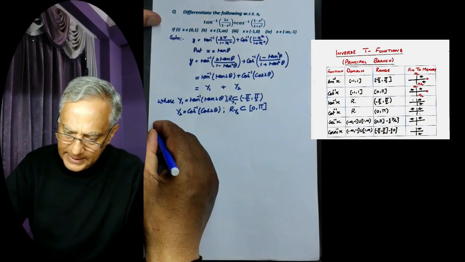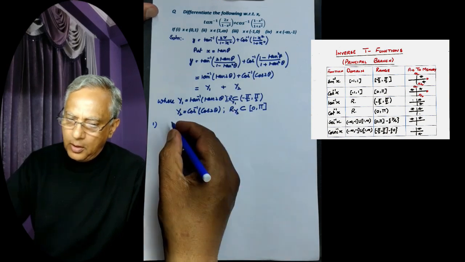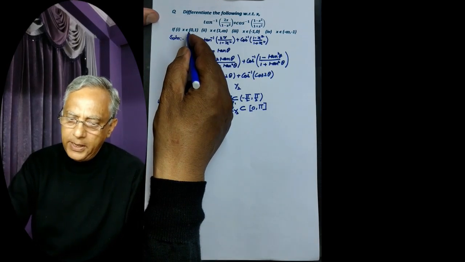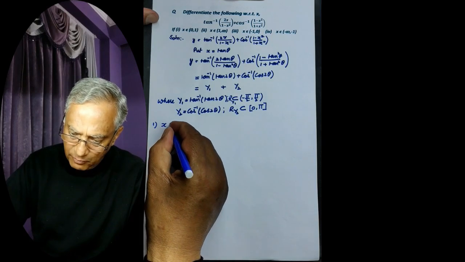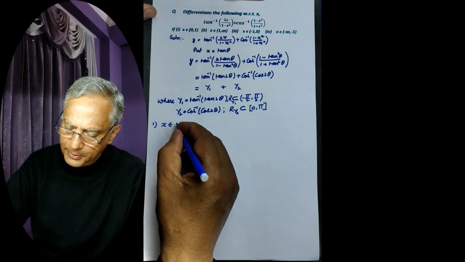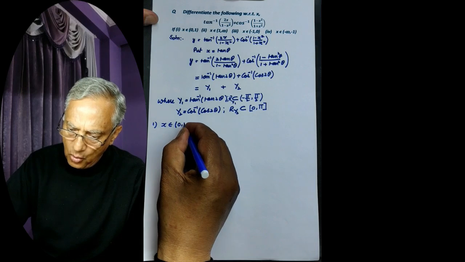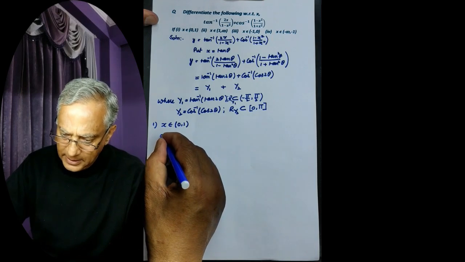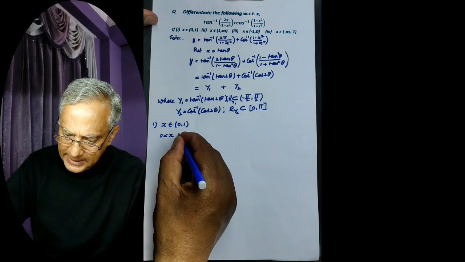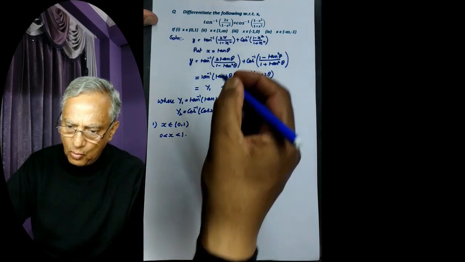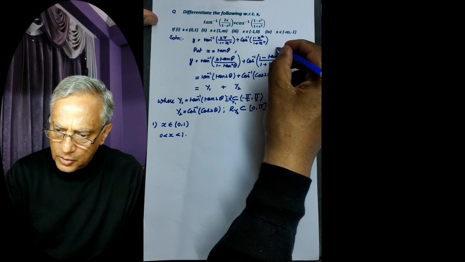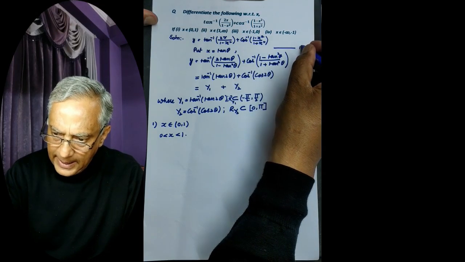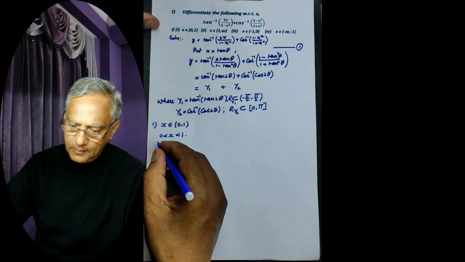Now the first case is x is given to be in the interval 0 to 1. That is, 0 is less than x is less than 1. Now x is given to be tangent theta. So we call this 1.